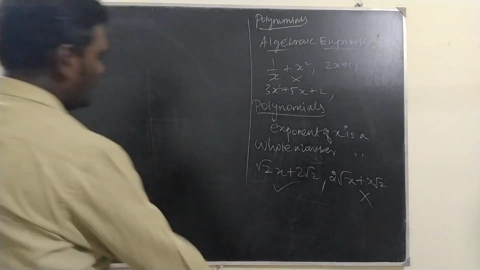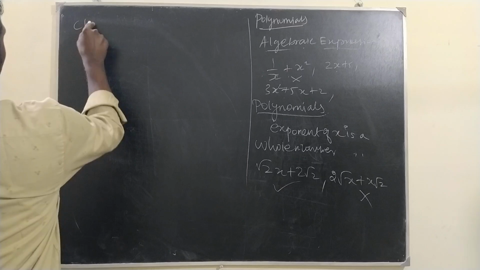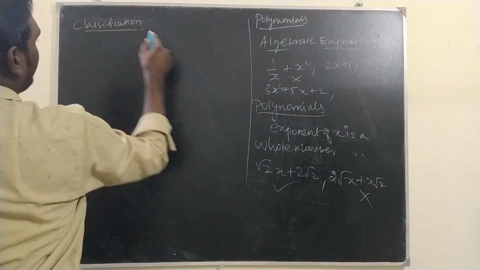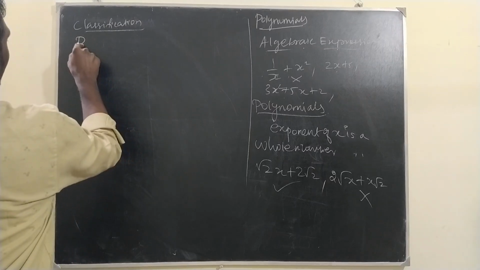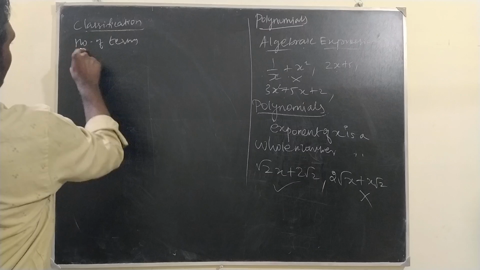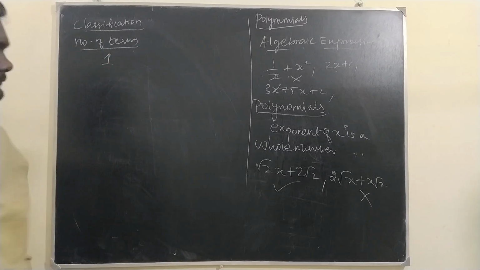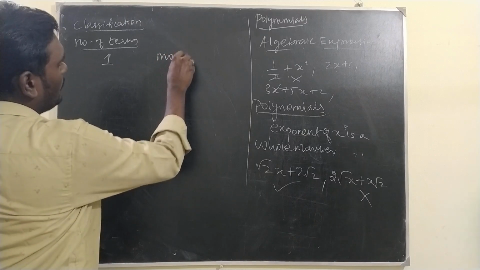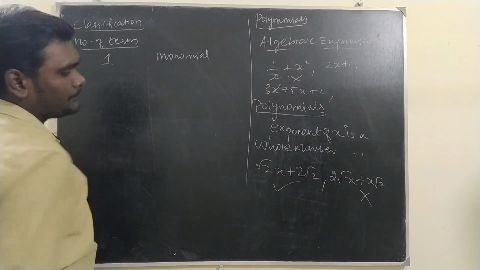Okay. And then the classification based on the number of terms. You know the classification already. If it has only one term, then we call it a monomial.